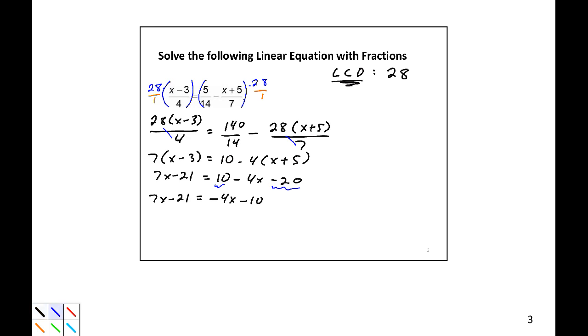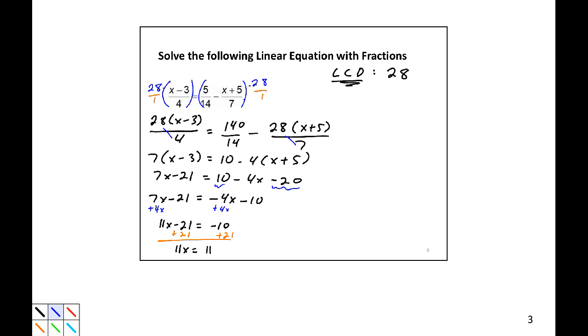I need all of my occurrences of x on the same side, so I'm going to add 4x to both sides. So that would be 11x minus 21 equals minus 10. I'm going to add 21. So I get 11x equals 11.